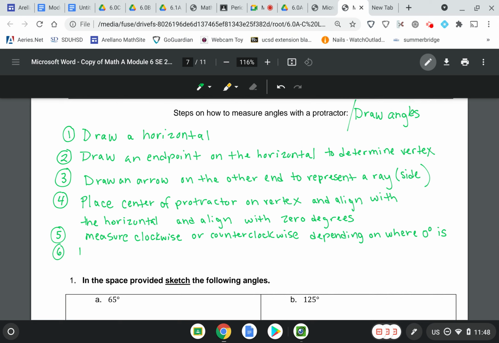Okay, then you're going to locate the degree measure and draw a mark.